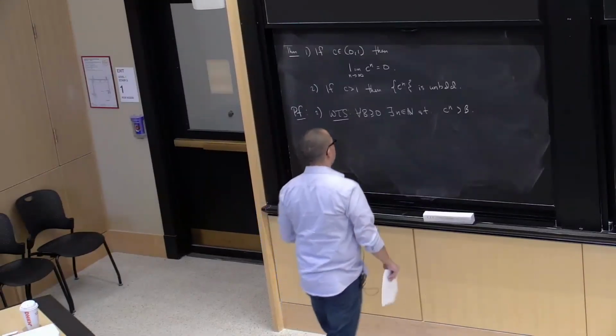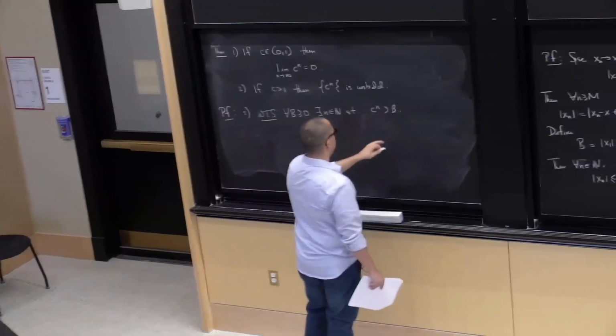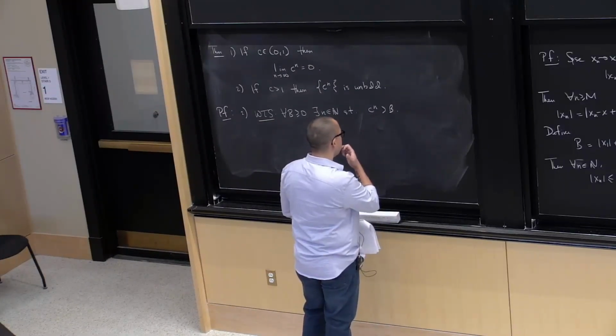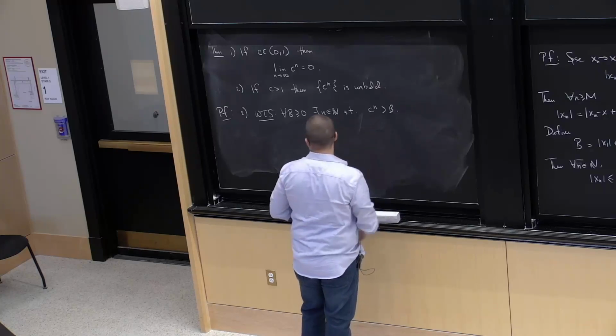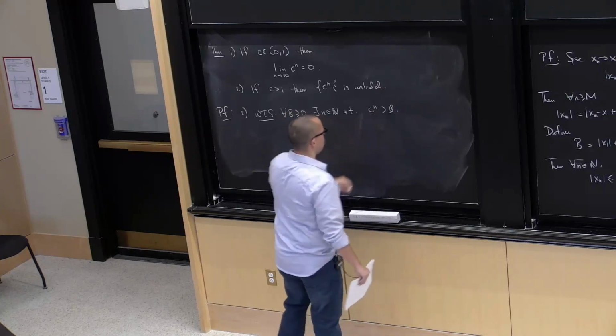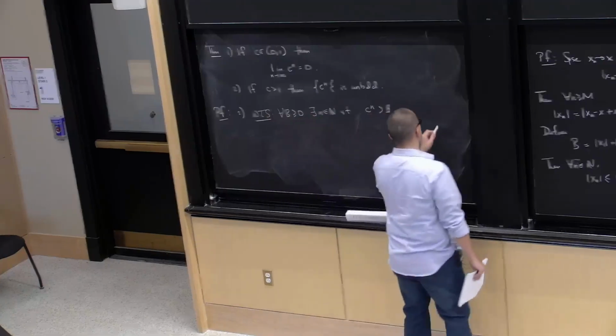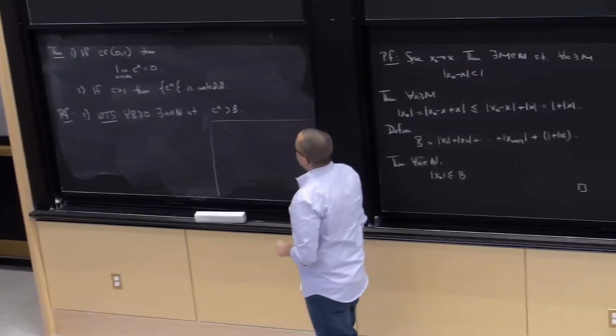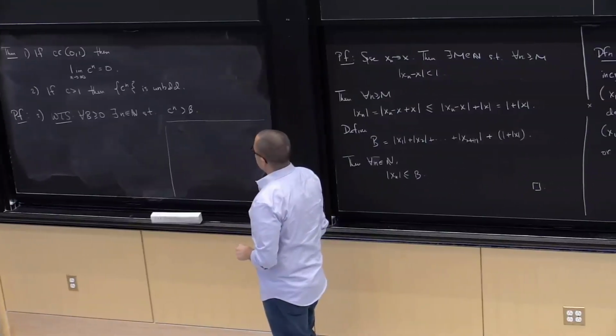Okay, now how are we going to find this n? This seems like a complicated thing. So let's replace it by something simpler. Again, this is analysis, which means we get to use our wits and try to replace complicated things by simpler things and work with the simpler things.